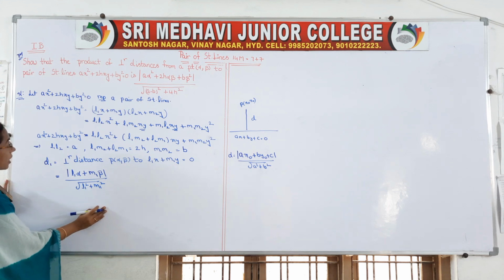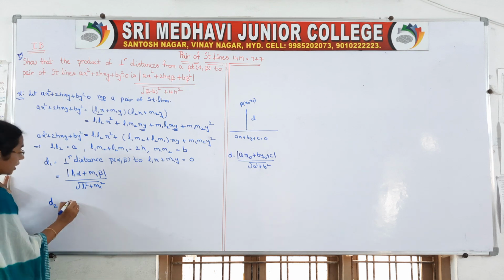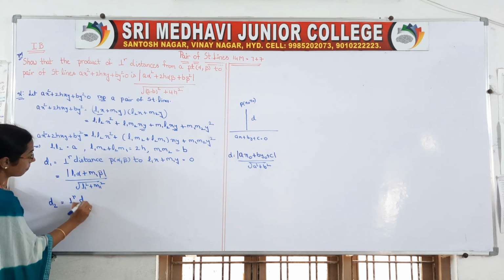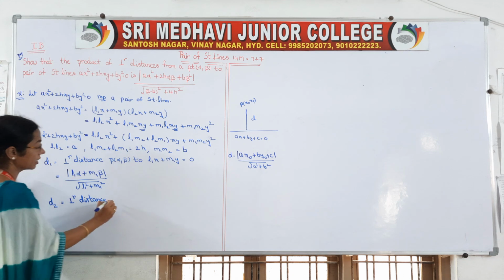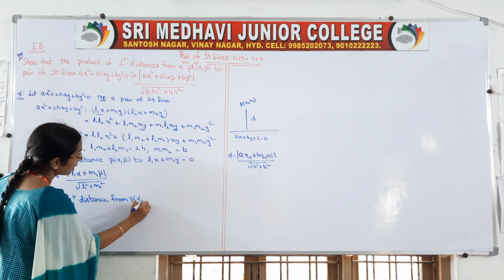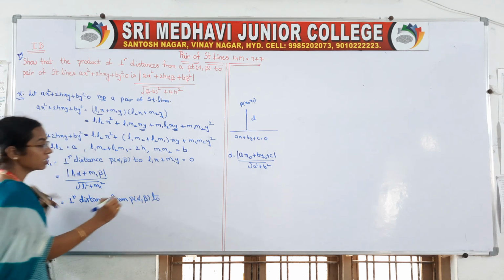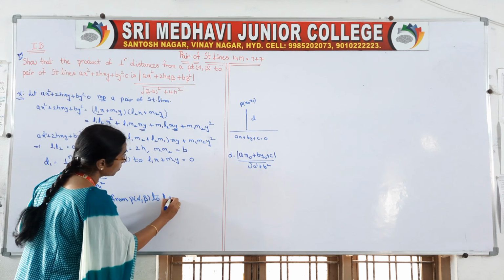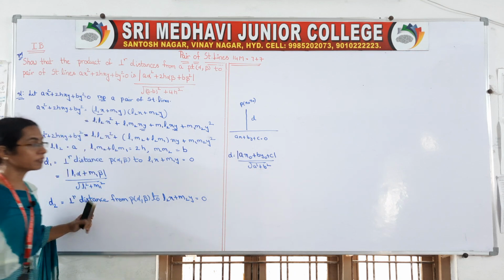Similarly, you take your D2. What is your D2? D2 is the perpendicular distance from the same point P(alpha, beta) to the second line OB. What is your OB? L2x + M2y = 0.